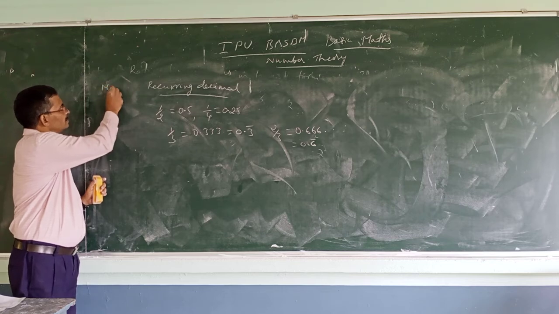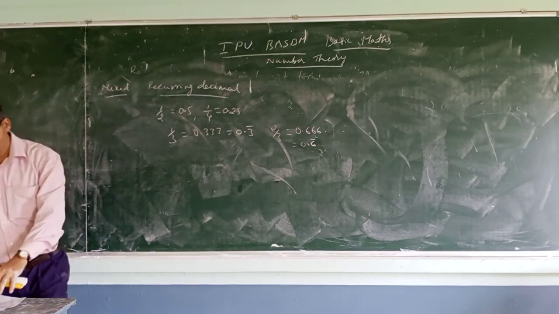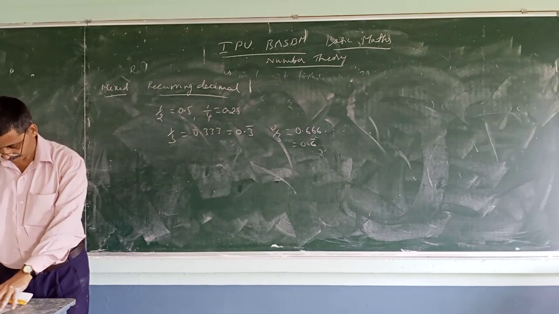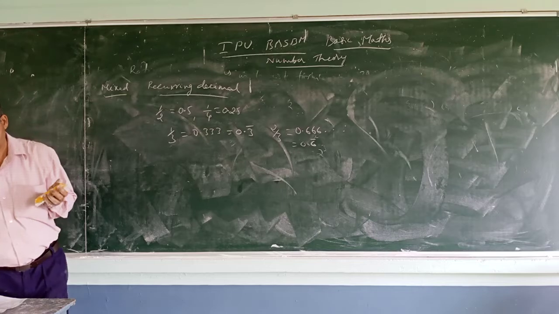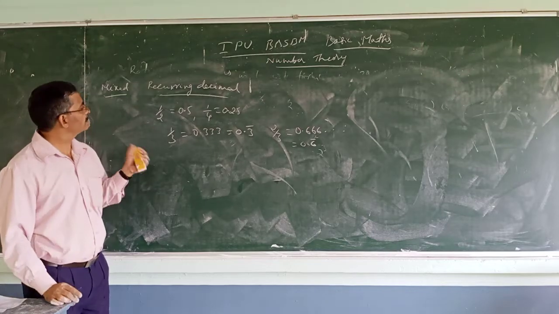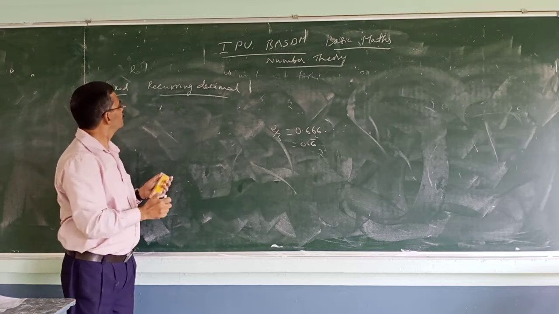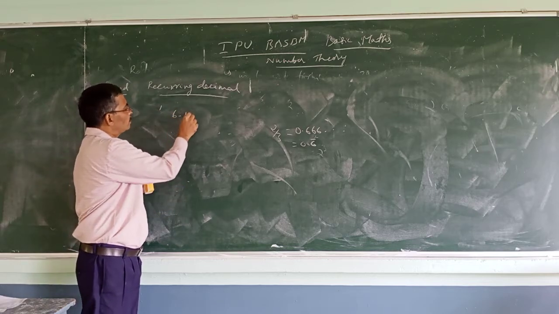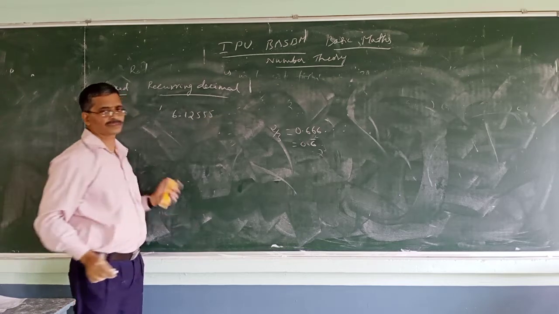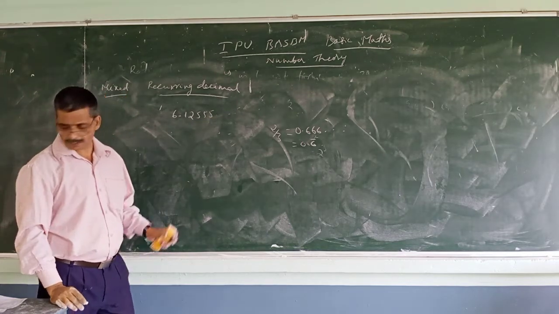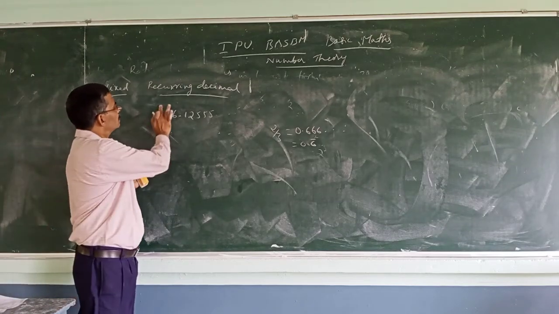Mixed recurring decimal. I will just give an example. So here, 6.12555. If you take this number for example, 6.1255.